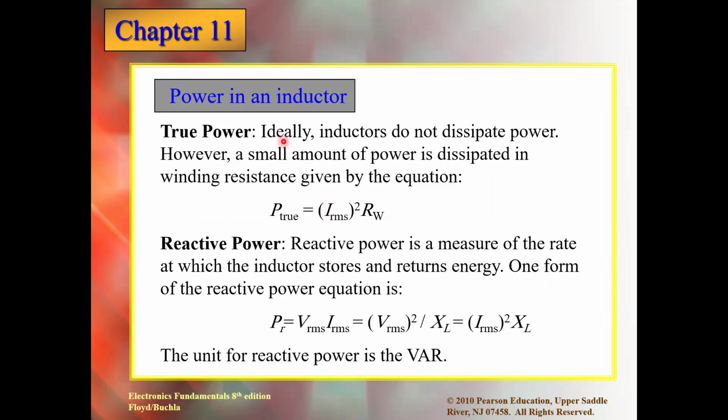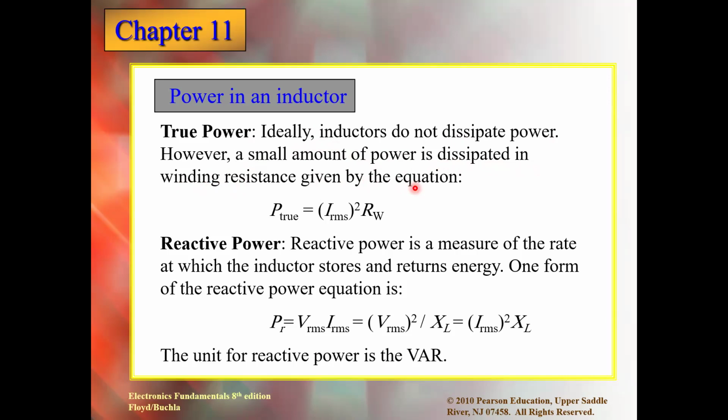So power in inductors. We have seen that because the inductor is created by having a long wire, there will be a wire resistance itself. So that's why we have a true power in the inductor. Ideally, an inductor does not dissipate power, since it's charge and discharge.